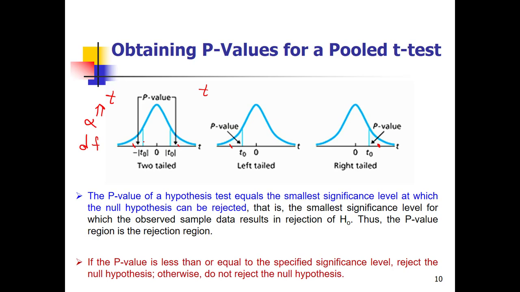So in the p-value test, we don't go read the T table. We go read from the Z table.